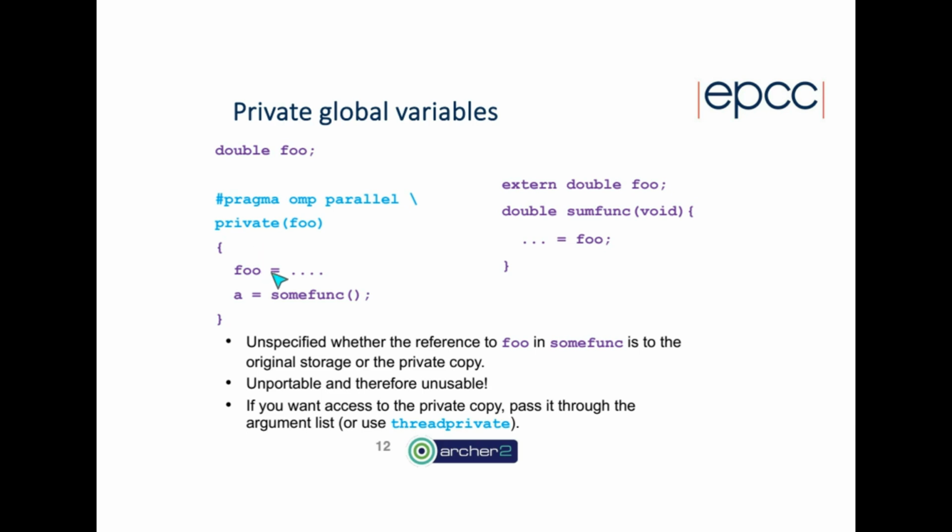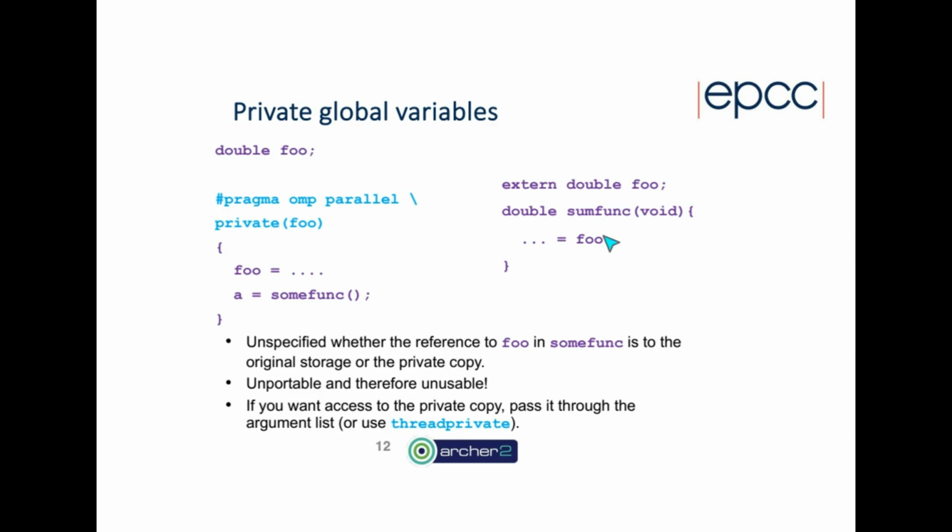I want private copies inside the parallel region. The parallel region calls a function called sumfunc, and sumfunc also accesses the same global variable foo inside.